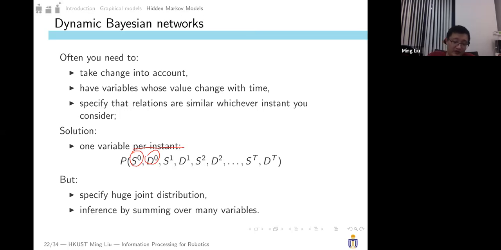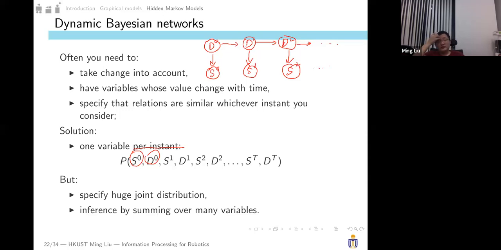That means you have the states, so D0, D1, D2, etc., and then associated to each of the states we have the sensor readings.